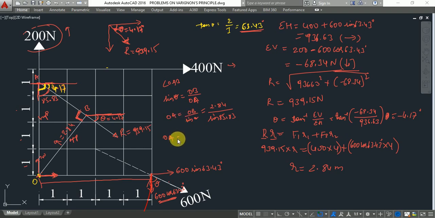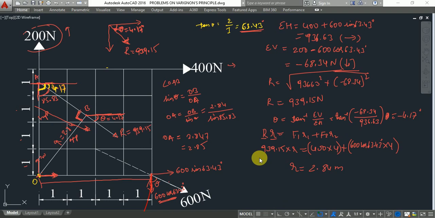OA is somewhere around 2.84 only, 2.847, we can take it as 2.85. So this resultant is cutting the y-intercept, and 2.85 is somewhere around here. The resultant is acting like this, and this is the value 2.84. This hypotenuse is making 2.85. In this manner you have to calculate the y-intercept.